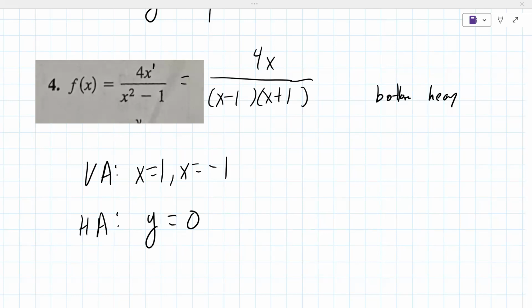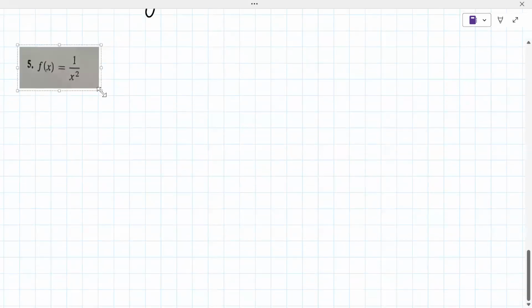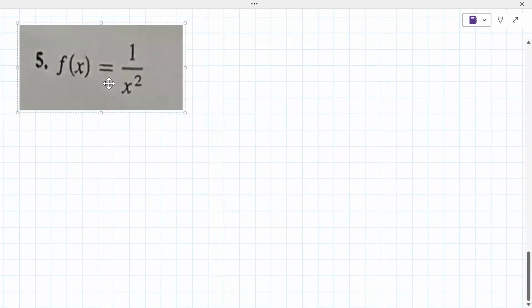All right, we're going to move on to number 5. We're going to do some of the same things that we've been doing. All right. Can you tell me the vertical asymptote for this problem? It definitely has one.